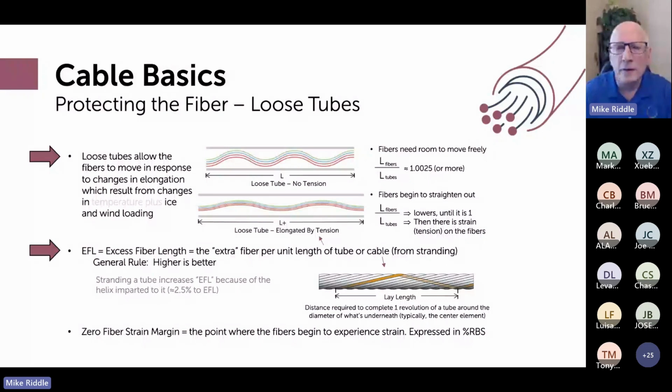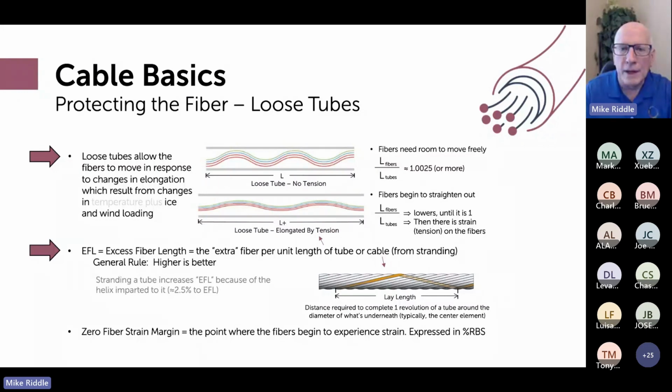And you also have continuously changing environmental conditions. So wind and ice loading, the wind is changing throughout the day. Parts of the world, ice can change, maybe not necessarily every day, but certainly throughout the year, you get changes in that. So you get changes in loading on the cable.